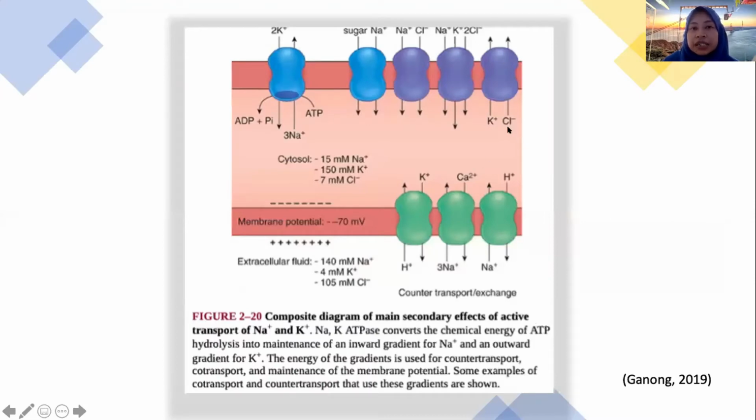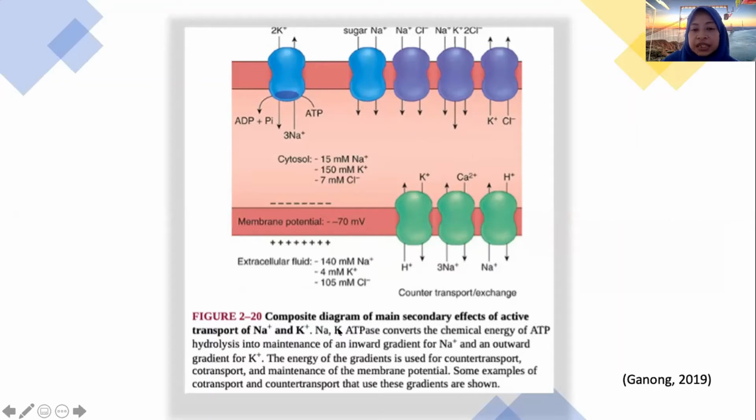I think you learned this earlier with Dr. Roslina. Why do we have more sodium in the extracellular fluid and more potassium in the cells? This is mainly generated by the sodium potassium ATPase, sometimes called the sodium potassium pump.